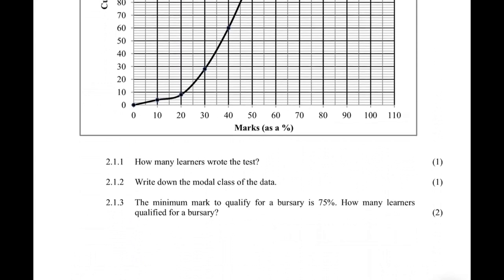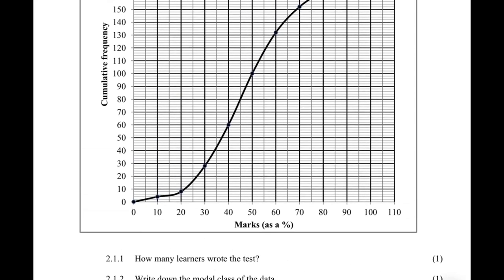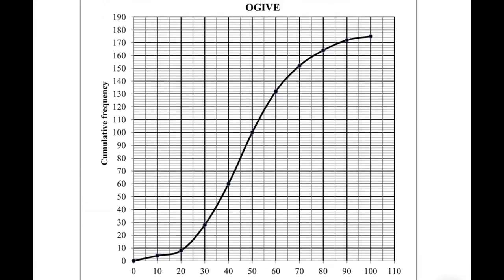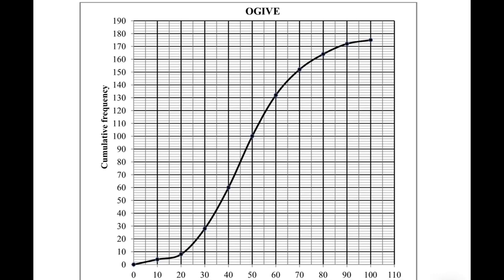So the number of learners that wrote the test is the total frequency, right? Or the cumulative frequency, so to say. So we can see from this ogive that the cumulative frequency is at between 180 and 170, right? You can see that this is where our graph ends here.